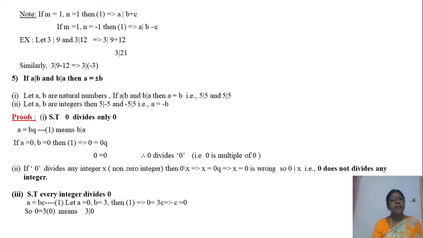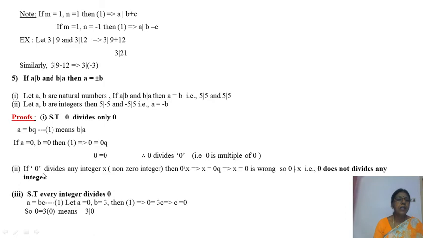The first part is that 0 divides 0. The second part is that 0 does not divide any other integer. Both together give 0 divides only 0. The first part we have already finished: 0 divides 0. Now, in the second part, we are going to show that 0 does not divide any other integer.